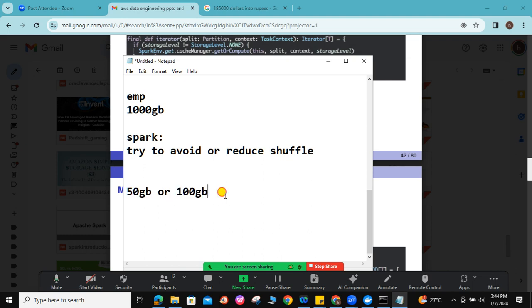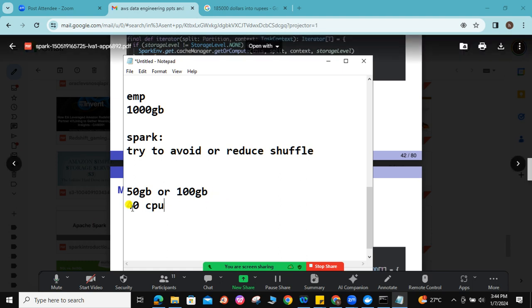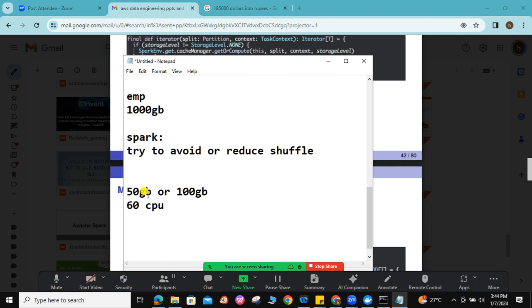They would have given some 50-60 CPUs and it will work fine. But when you have TB of data instead of GB, it was my biggest struggle in that project in my career. I had 1000 TB, a petabyte of data. I am giving you an example.